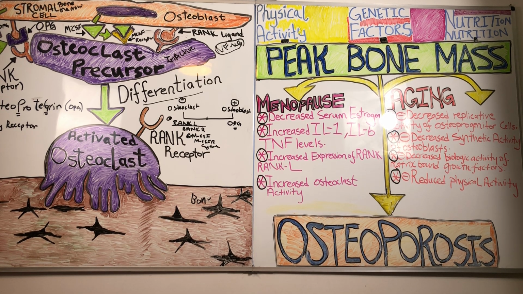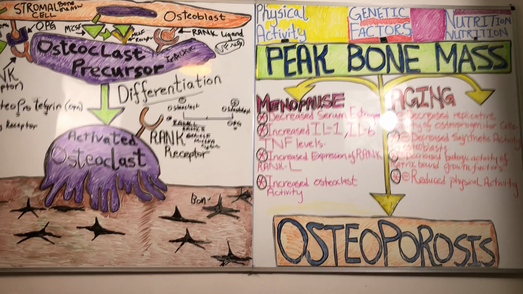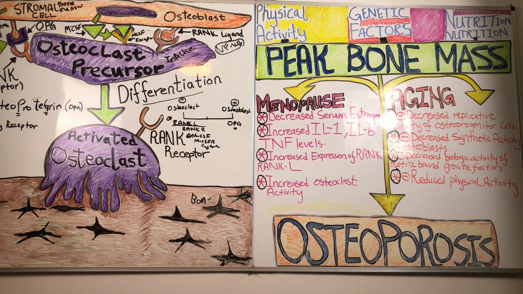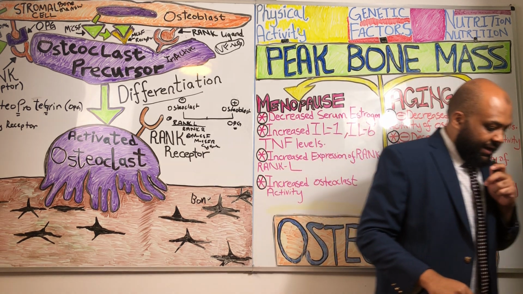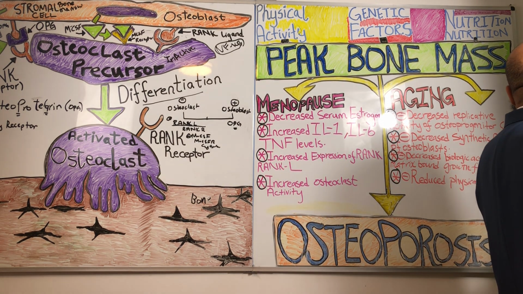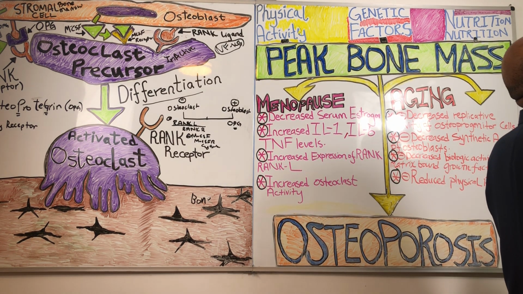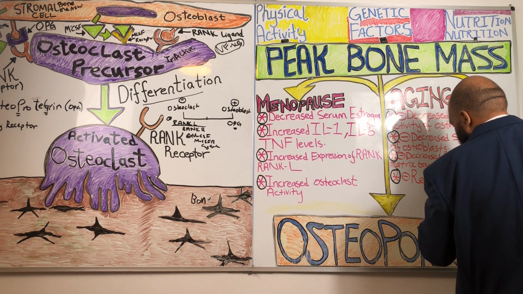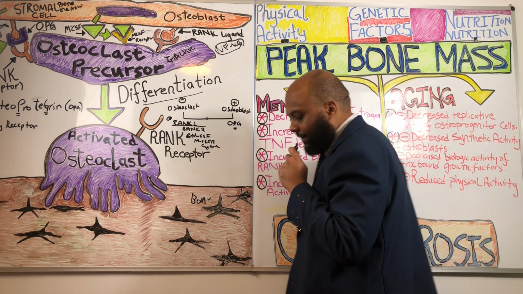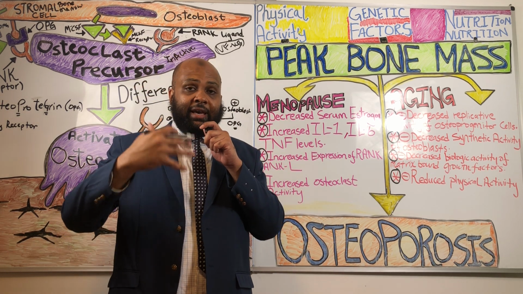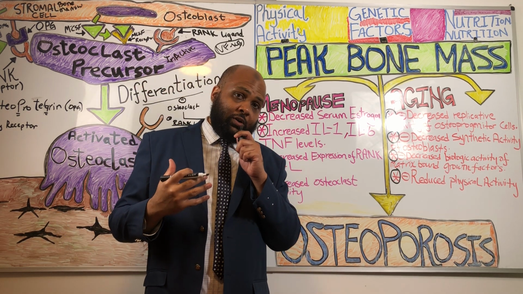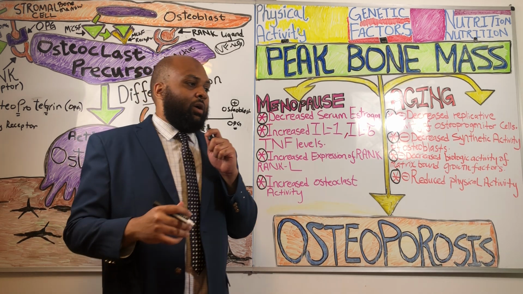Our peak bone mass is at its maximal capacity when we are in early adulthood. That means our peak bone mass increases due to the activity of our osteoblasts.